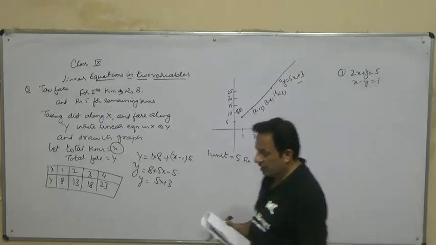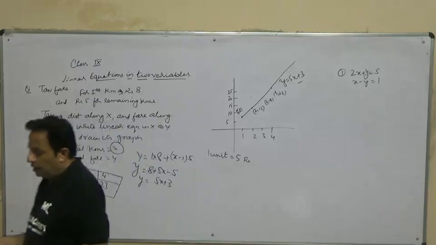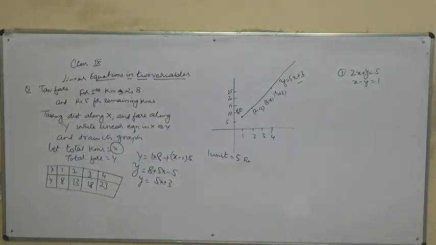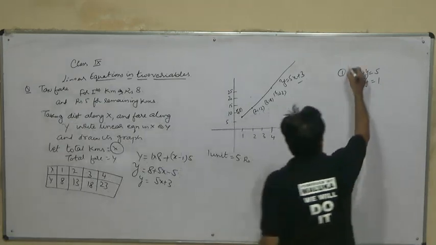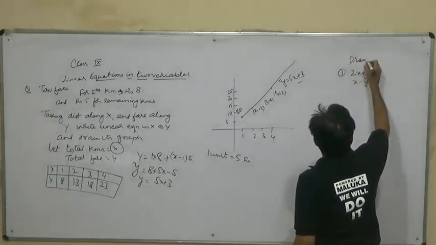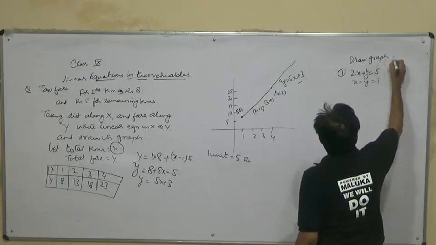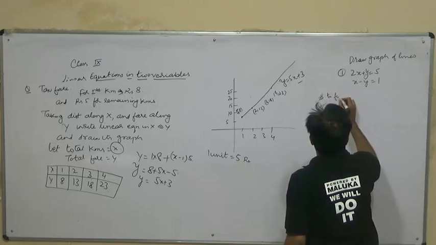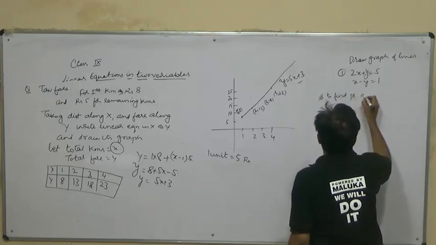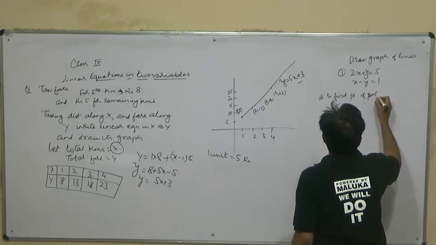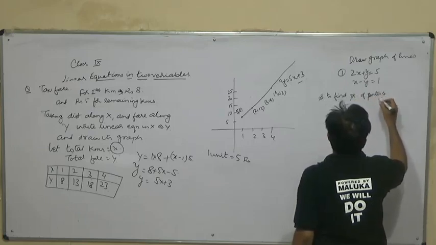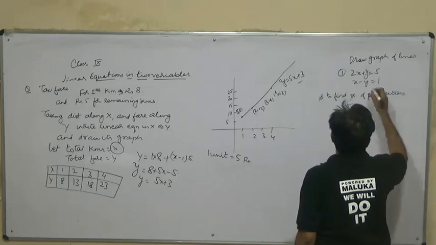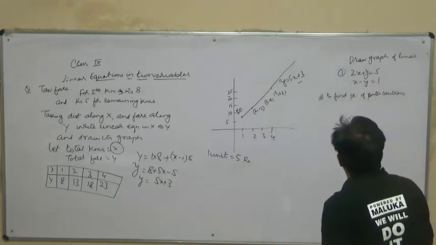So we have to draw the graph on the same graph paper, also find the coordinates of the point where two lines intersect. Draw graph of lines and find the point of intersection.